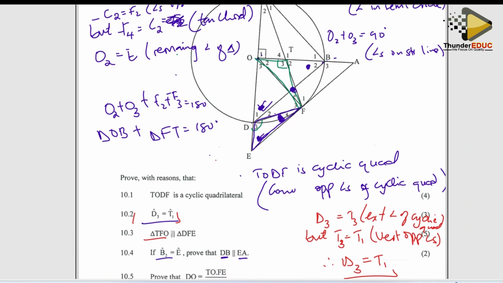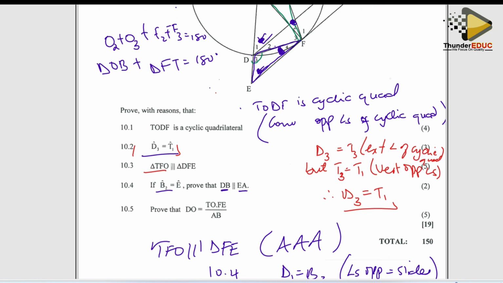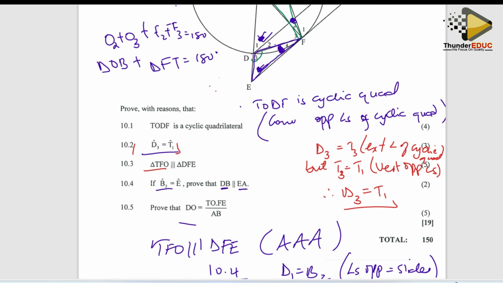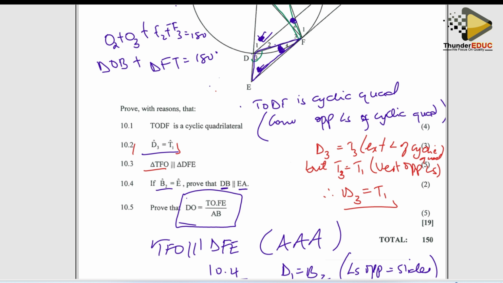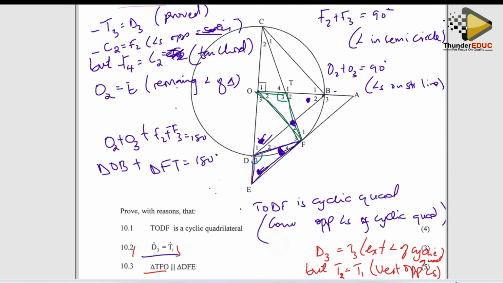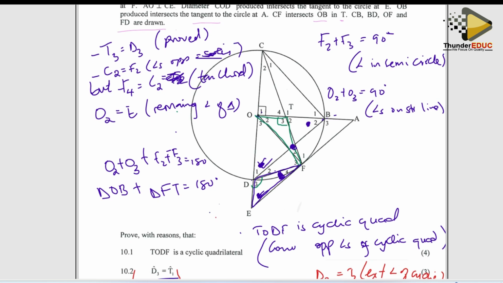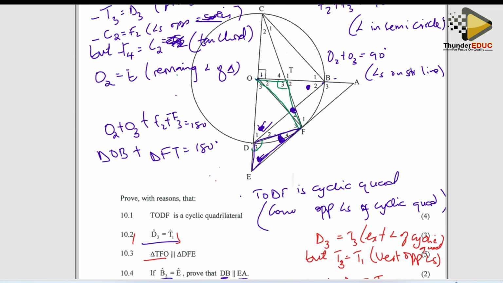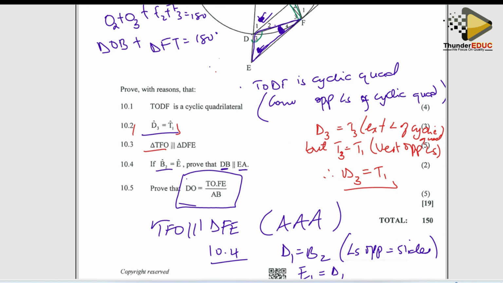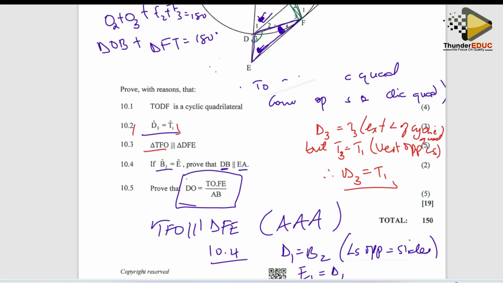And then 10.5. They're asking us to prove that DO is the same as this entire thing. So where can I do that? Let me just erase this.